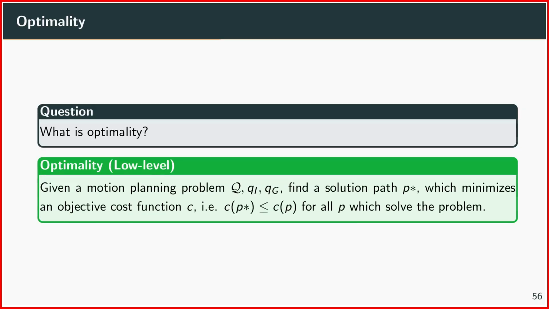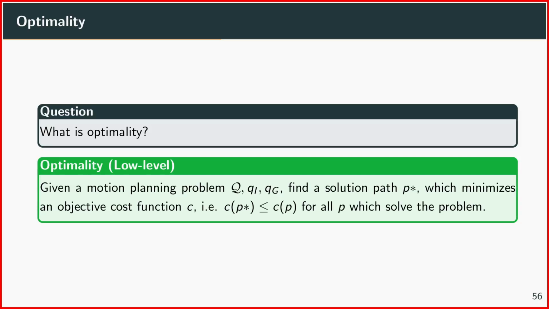Or you could also give a more mathematical, exact definition, where you say, okay, if you are given a motion planning problem with a state space, with a start configuration and a goal configuration, you want to find a solution path, usually we call it P star, which minimizes an objective cost function C. And this cost function should be such that the cost for the solution path P star should always be smaller or equal to the cost of all the paths which are possible for this motion planning problem.